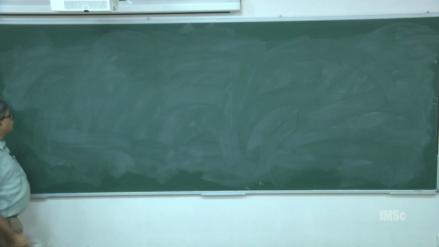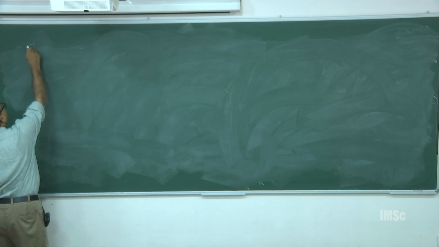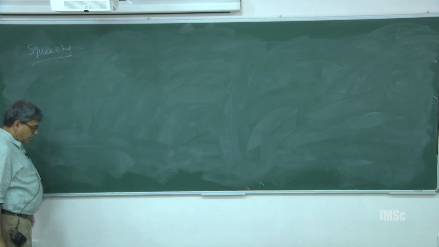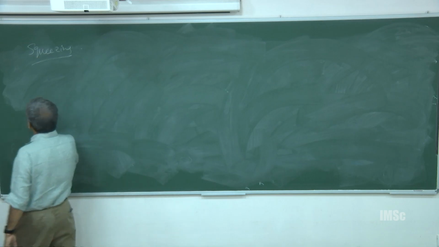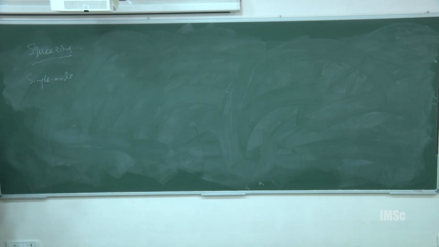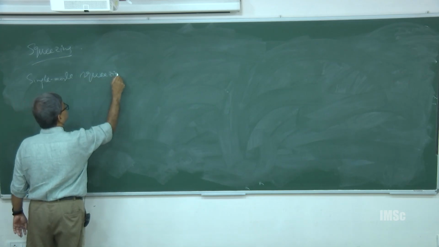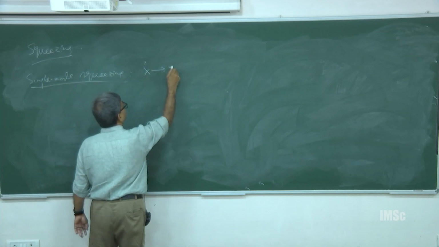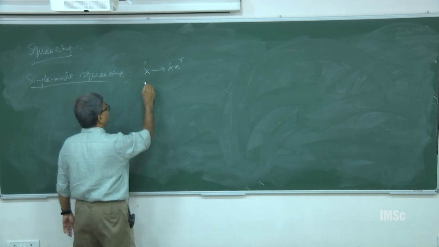Okay, so what is that? Squeezing. So I discussed the single mode squeezing. This is another Gaussianity preserving transformation, where your variable x goes to x e to the power r, but one should be careful what should be the corresponding Hamiltonian.